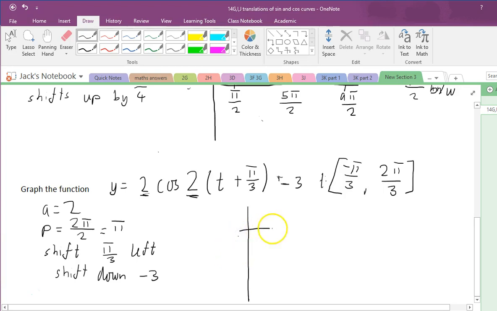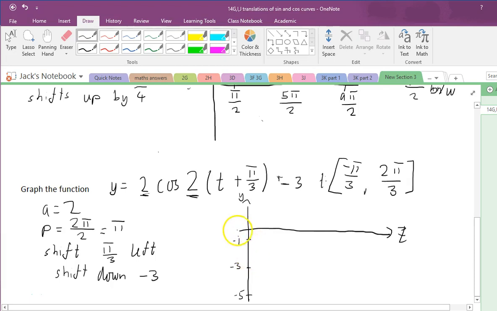Okay, so drawing this one out quickly, we're shifting down, so I'll just draw this one a bit higher. Probably should have. So that's t, that's y. Okay, so we know our midline is at negative 3. It's an amplitude of 2, so the lowest it's going to get is negative 5, and the highest it's going to get is negative 3 plus 2, which is negative 1.